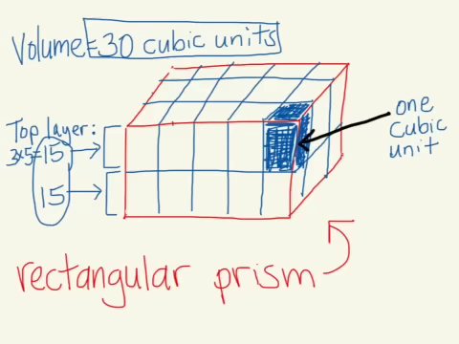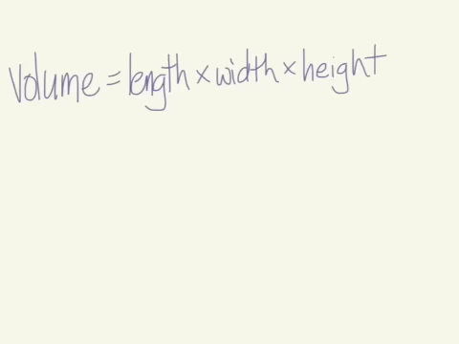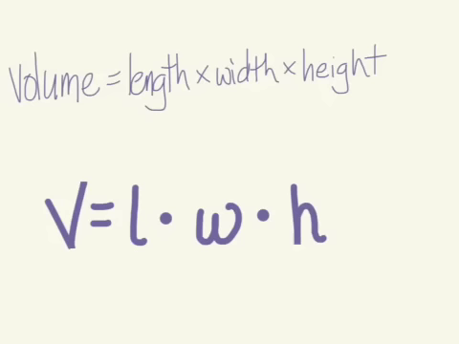We basically multiplied 5 times 3 times 2. Length times width times height. Or V equals L times W times H.